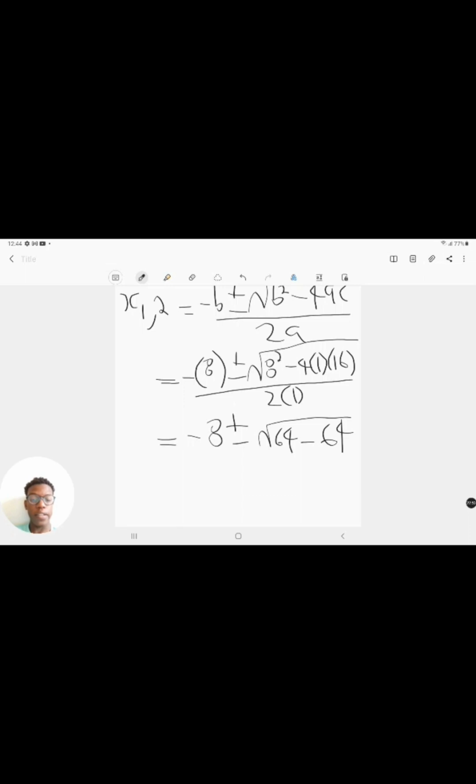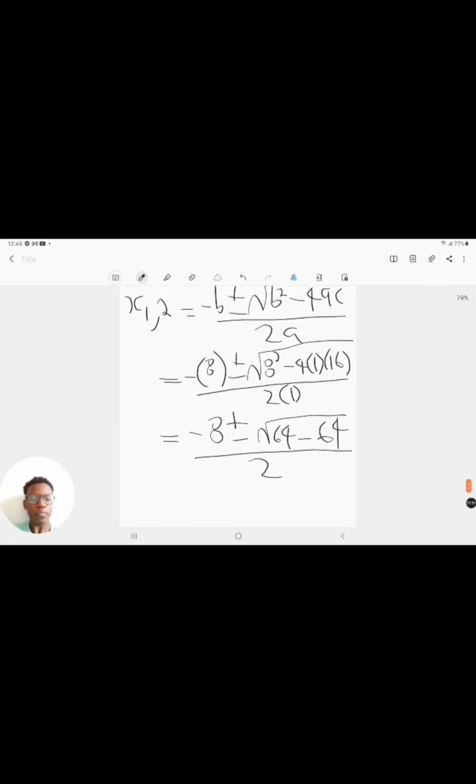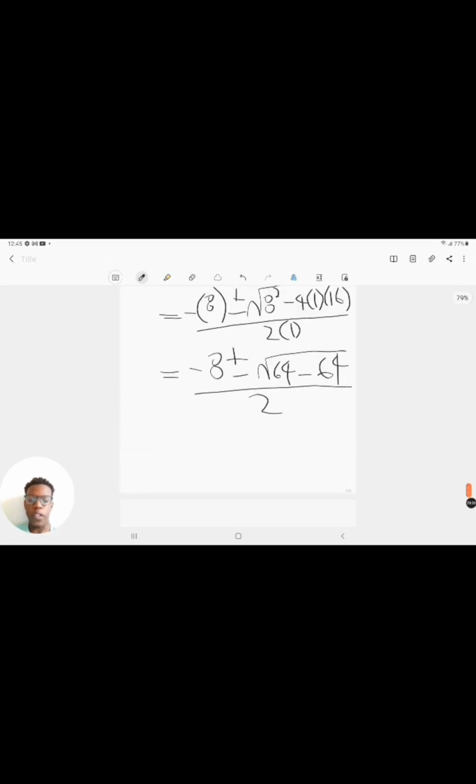So that's 64 minus 64, divided by 2. If we simplify this further, what we have is minus 8 plus or minus the square root of 0, divided by 2.